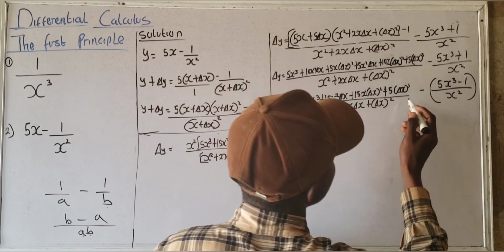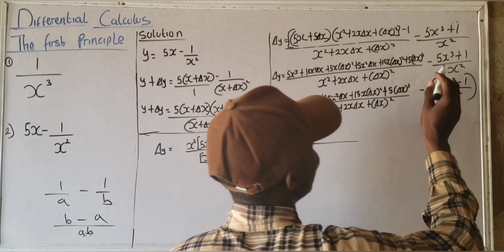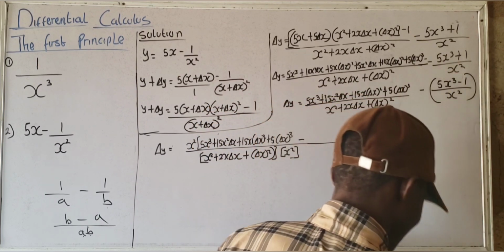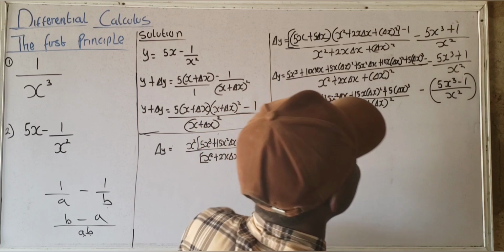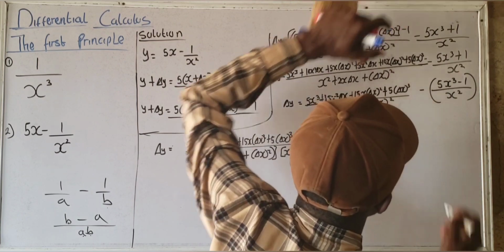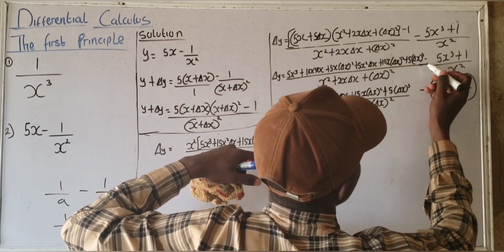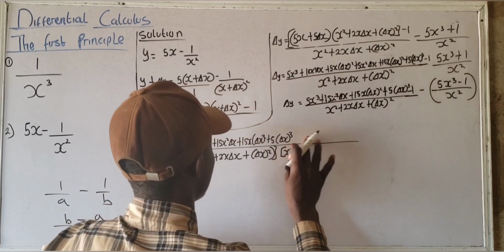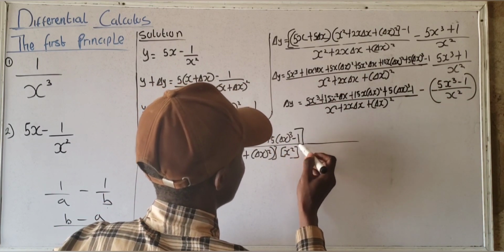Sorry, there is negative 1 here. Don't forget, there is negative 1 at the top of this place. So I'm going to have this negative 1 minus 1 minus 1. Okay, we're going to have minus 1, close the bracket.